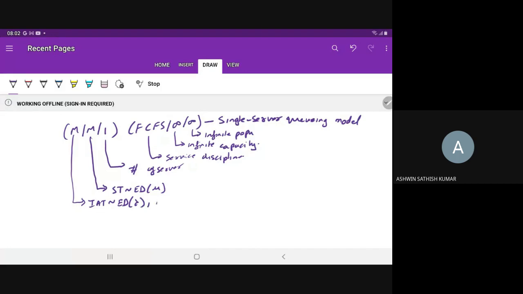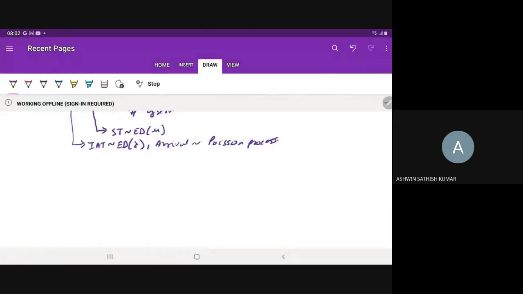That is, the arrival follows the Poisson process. So if we have this situation, we call it a single server queuing model. This is the first model.